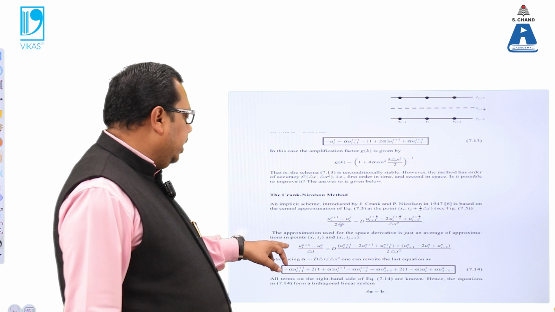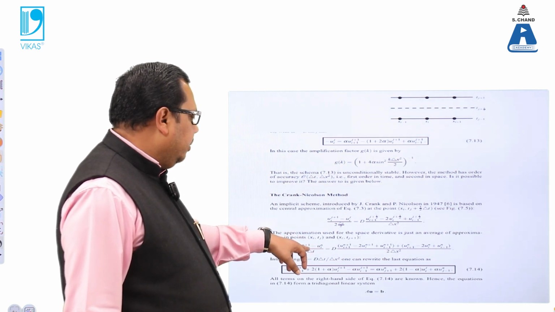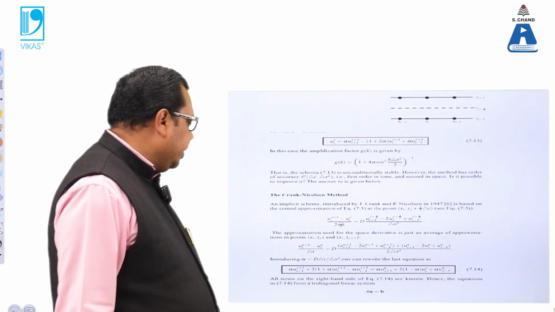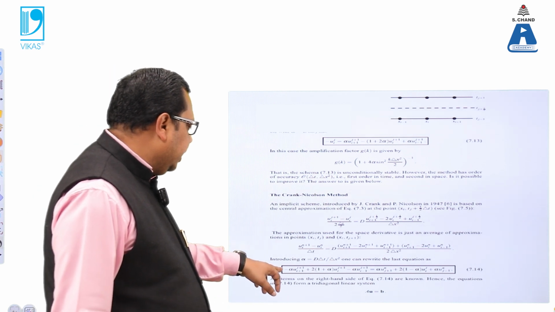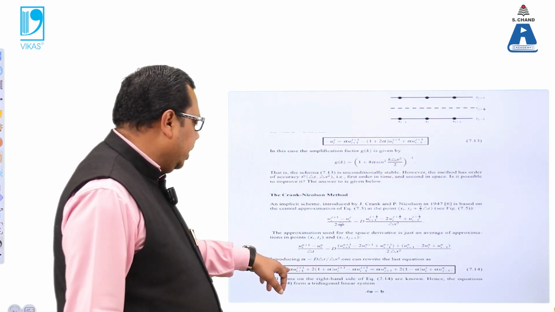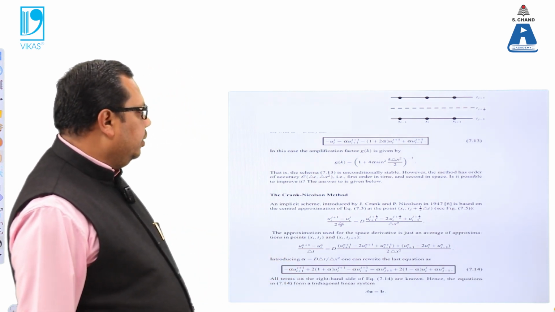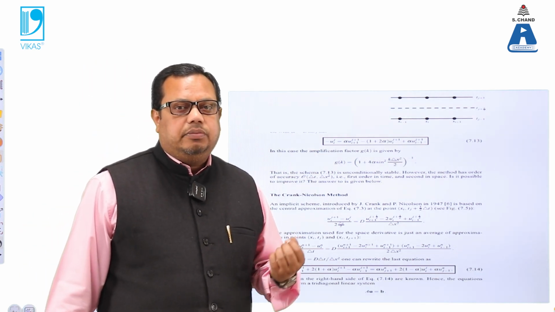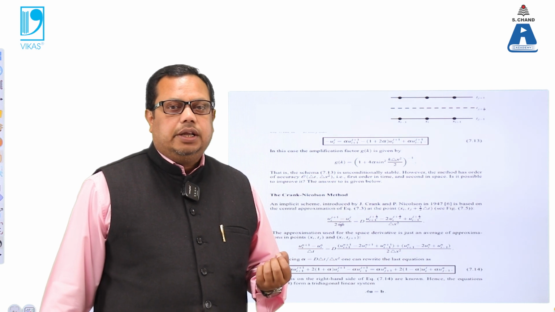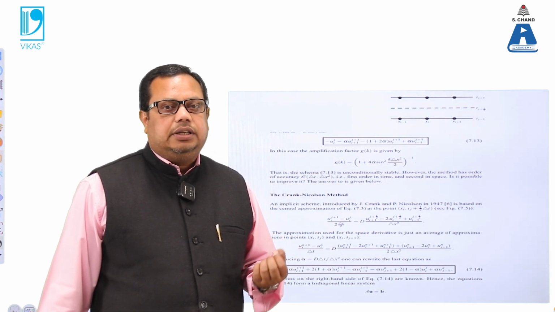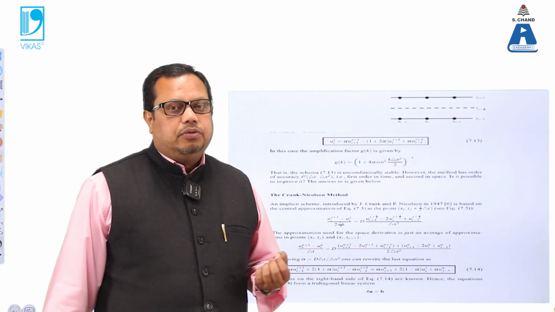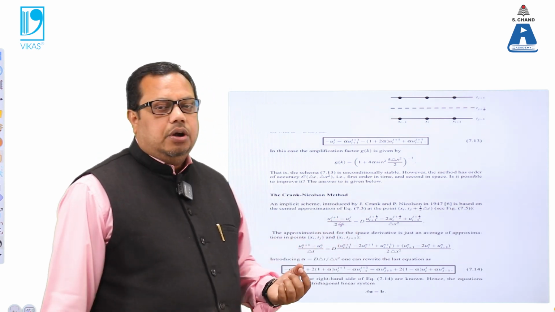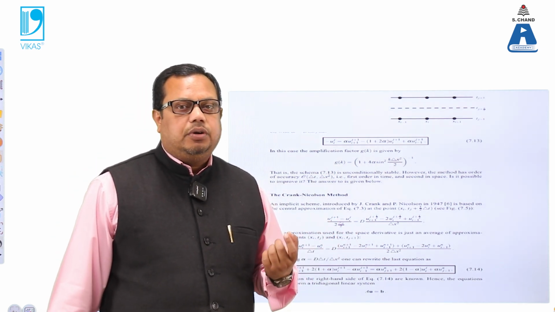Again we have u i n plus 1 minus u i n by delta t, and in the final term we get this equation, which is minus alpha u. So basically this method uses the central or middle value when we have two particular values of a position or a time.